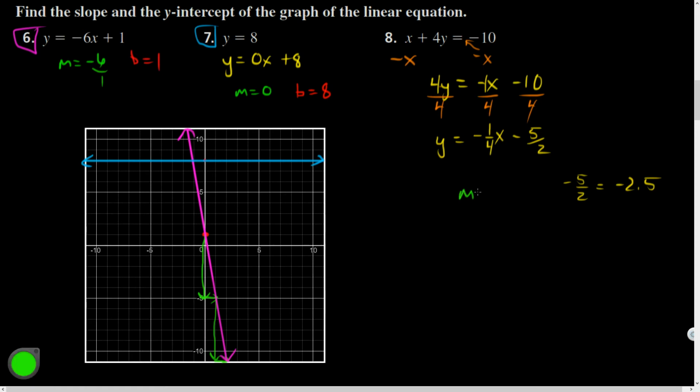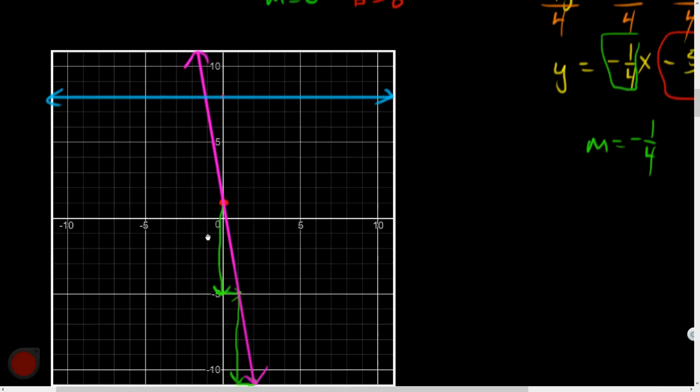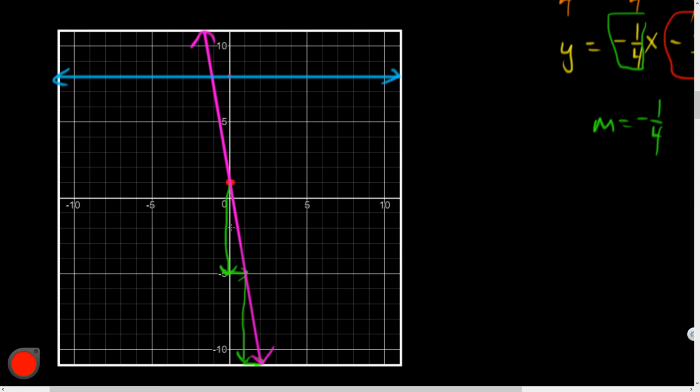So what was my slope here for number 8? -1/4. And my y-intercept? -5/2. -2.5. Yeah, it might be easier to think about that. So to graph this, here we go. I'm going to go down 2.5.